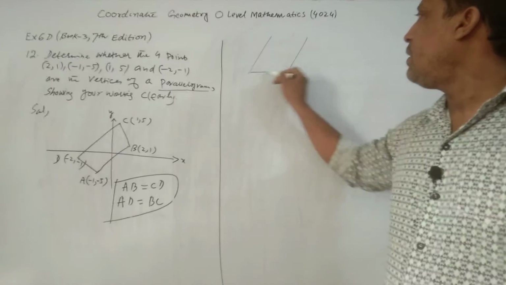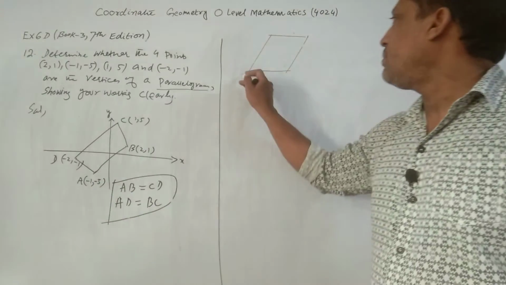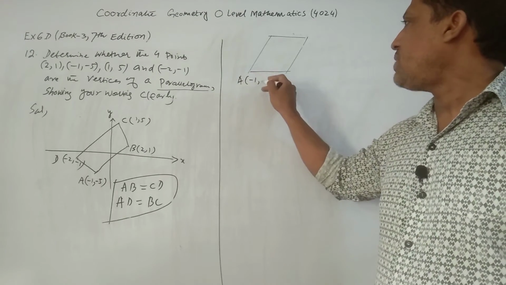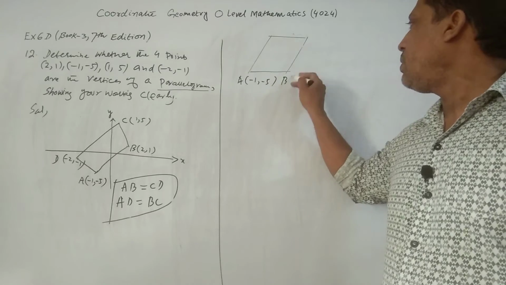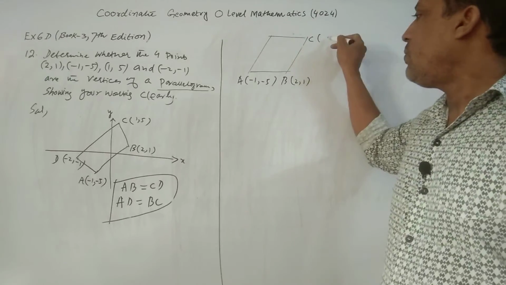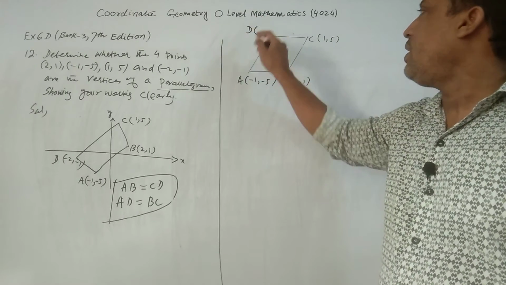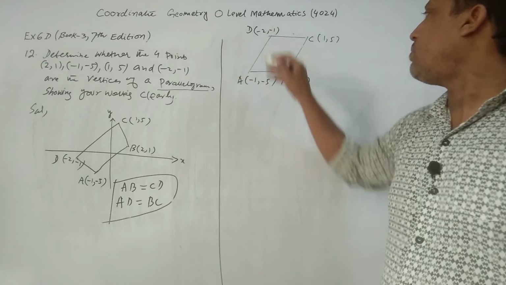this diagram more clearly, what is A? Minus 1, minus 5. What is B? 2 comma 1. What is C? 1 comma 5. And what is D? Minus 2 comma 1.